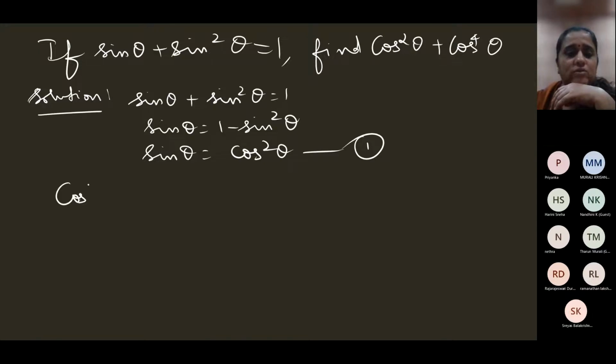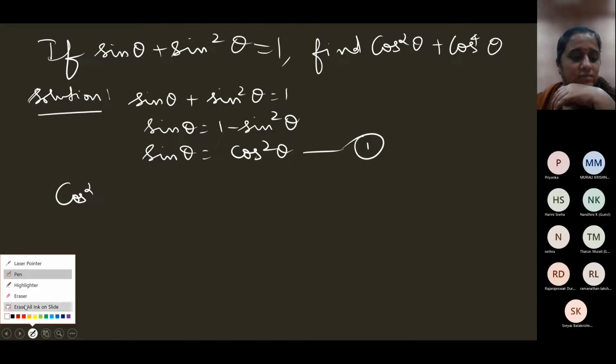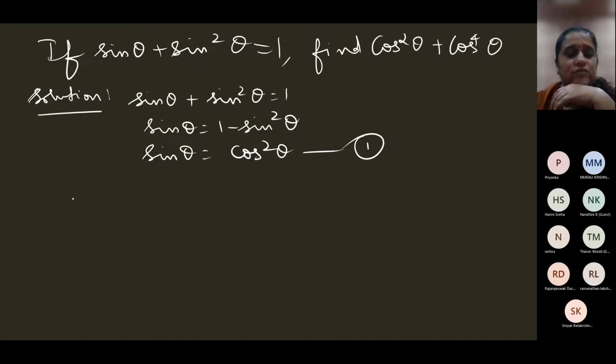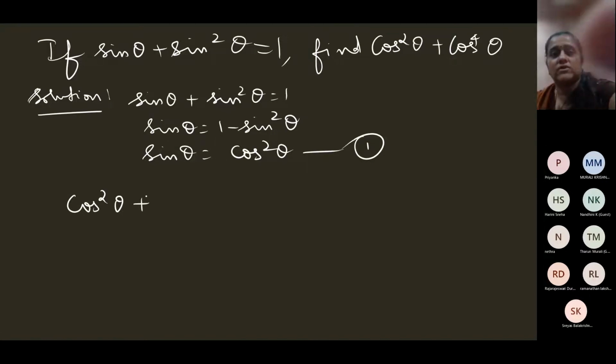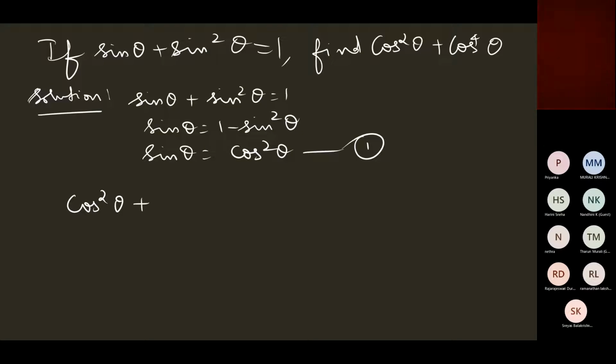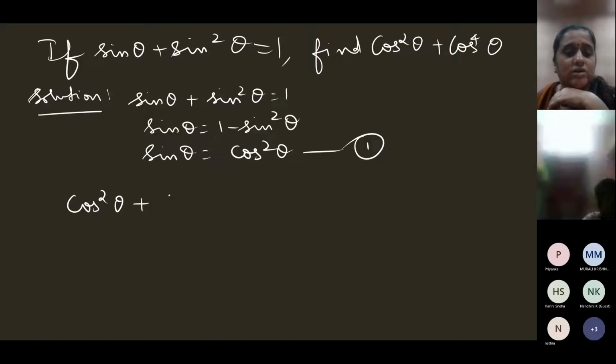Now we'll take up what we need to evaluate. We need to find cos square theta, it's a small c, it's not a capital C. We need to find the value of cos square theta plus cos theta to the power 4.